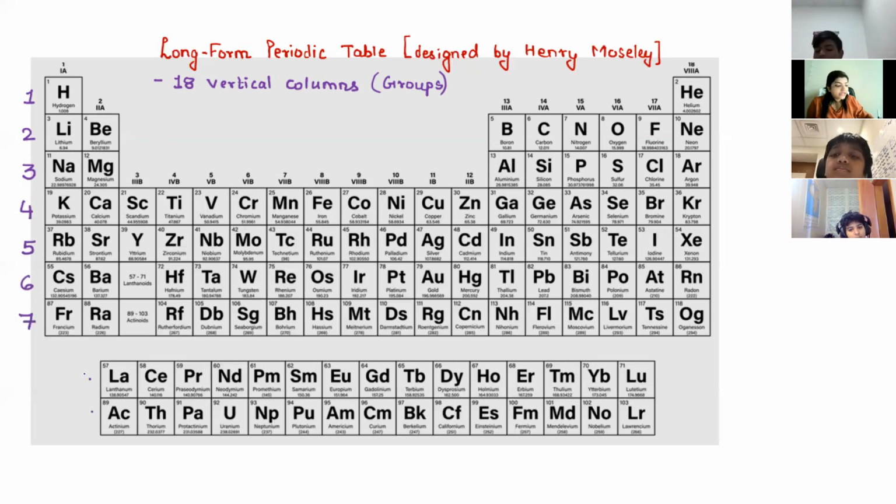Now somebody will say that even ma'am, this is 8 and this is 9. But this is a part of this row and this is a part of this row. So it's an extended part which is there below. So there are only 7 horizontal rows, and that rows are called as periods.